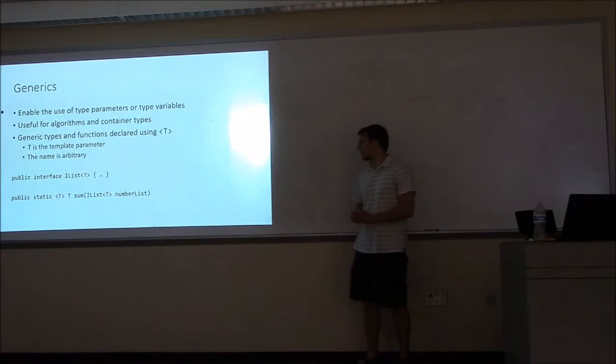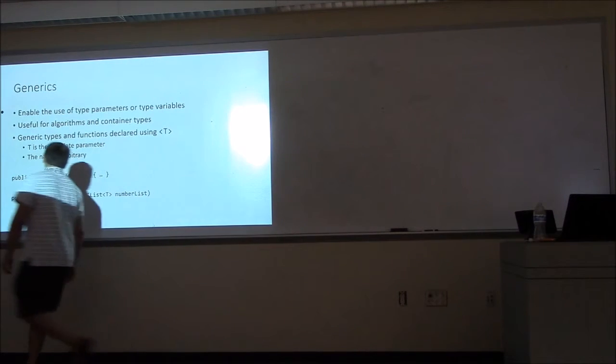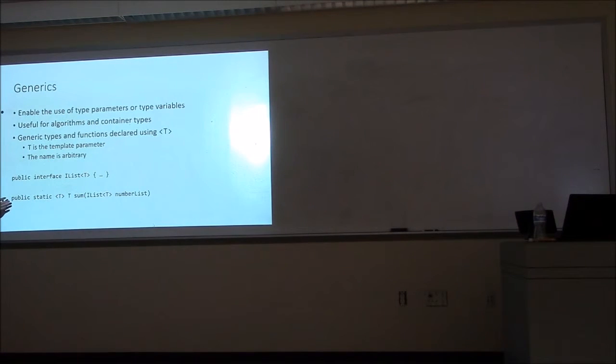Similarly, the sum method at the bottom is a static method that introduces its own type parameter T. And the syntax here is you have the modifiers, followed by the template parameter, followed by the return type.